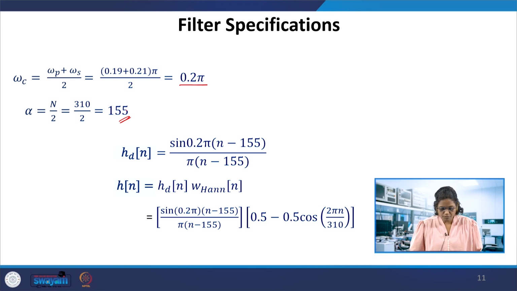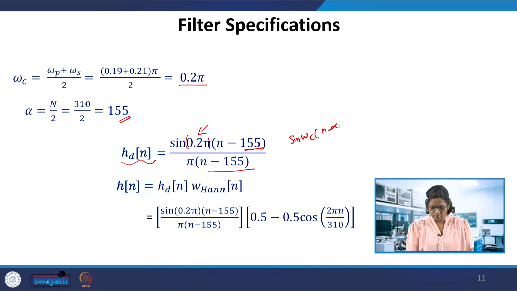So what is hd of n? That is hd of e power j omega, and taking the inverse Fourier transform gives hd of n, which is sine of omega c into n minus alpha, divided by pi into n minus alpha. This is the standard expression. Substituting this, hd of n is sine omega c n minus alpha by pi into n minus alpha.